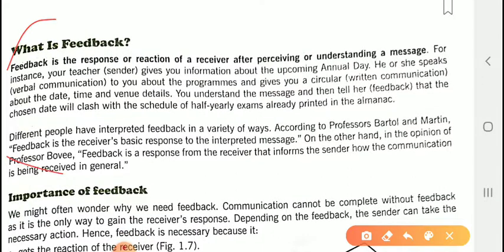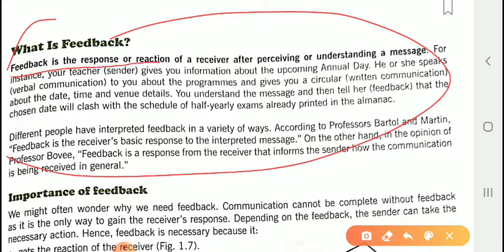Okay, what is feedback? Feedback is a response or reaction of the receiver after perceiving and understanding the message. Okay, if somebody has given you something to understand, or somebody wants to talk with you, then after all the dialogues are ended, you have to give feedback about whether that person is good or not, whether you have understood that person.